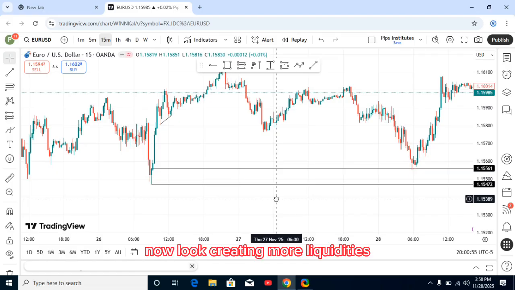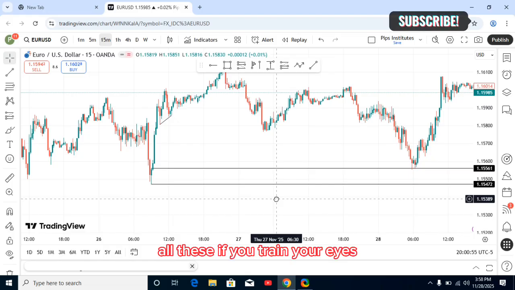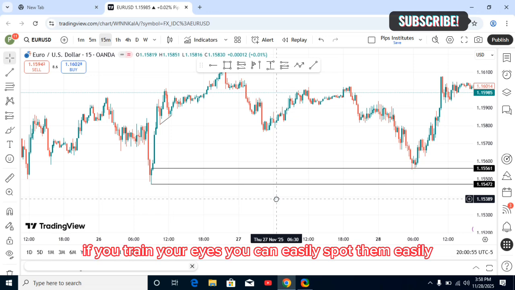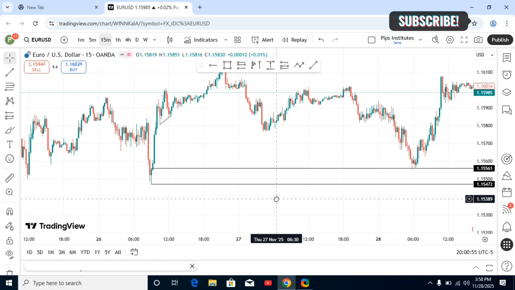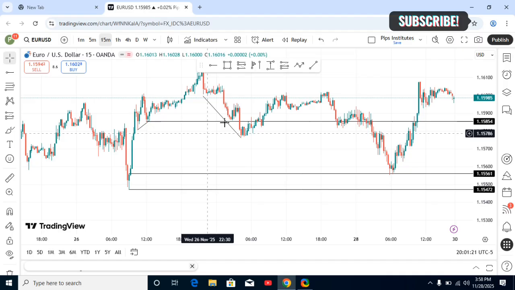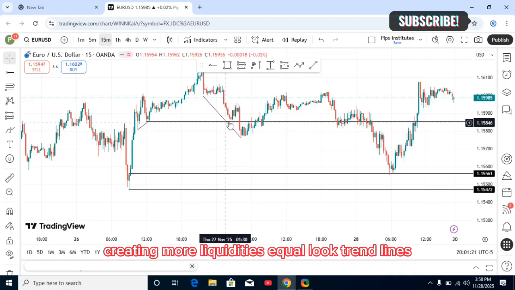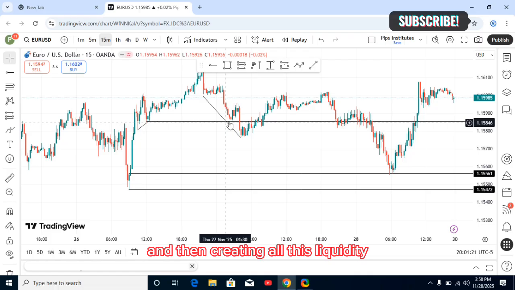Now look, creating more liquidities, creating more liquidities, creating more liquidities. All these, if you train your eyes, you can spot them easily. Look at it. Creating more liquidities, equal lows, trend lines. So it took out liquidity and then created all this liquidity.